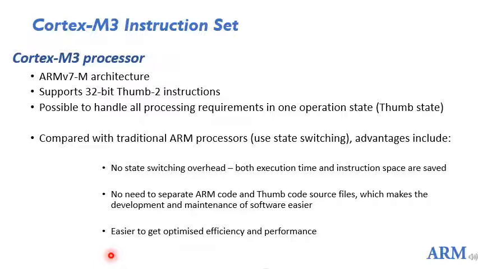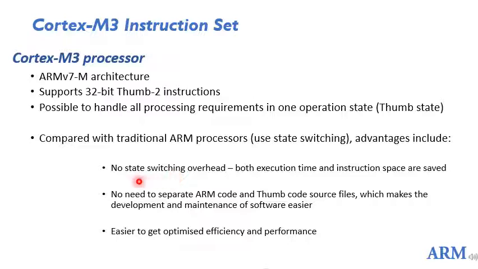So compared with the traditional ARM processor, the advantages of the Cortex M3 instruction set are, first, the switching overhead is reduced. Because of this, the execution time is decreased, and also the instruction space is reduced. So it requires less memory to hold the instructions or the program, and it can be executed in less time because the switching overhead is avoided.